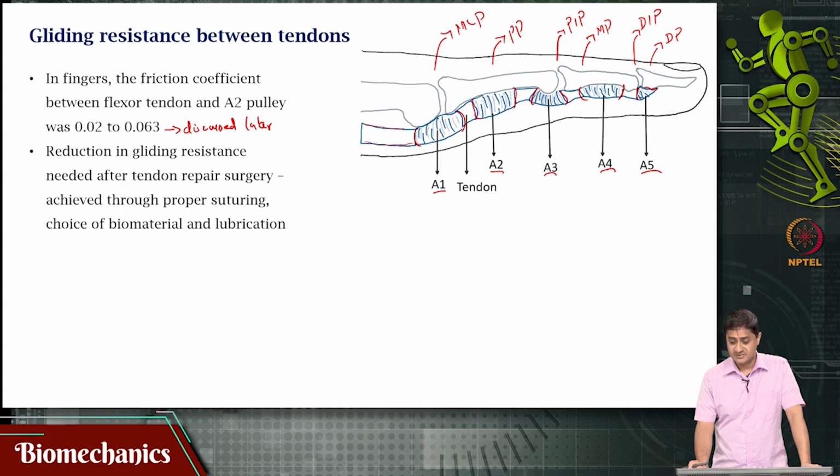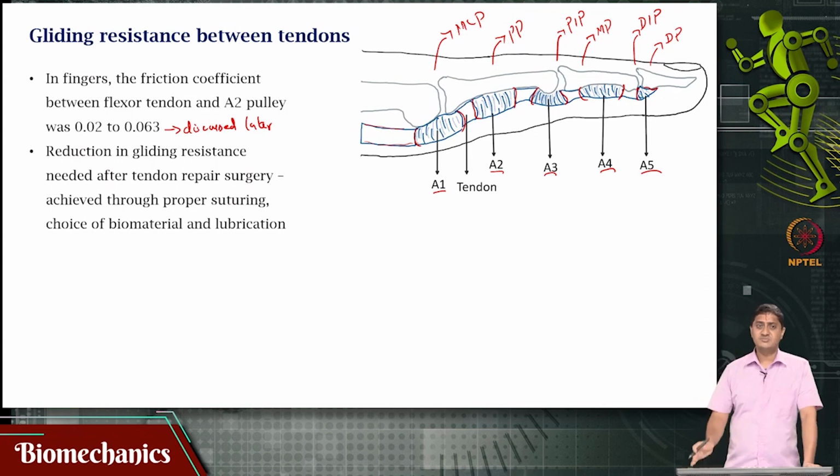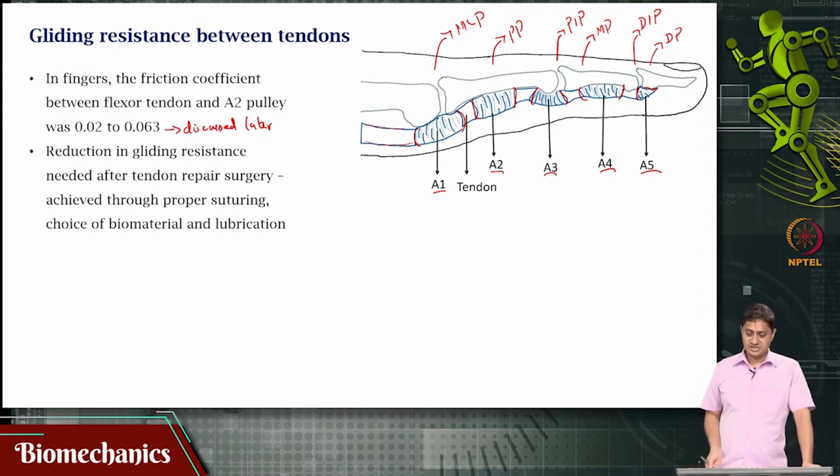You can check this with your understanding of anatomy that we discussed long time ago. In the beginning of the course, when we discussed hand and finger anatomy, we discussed this in much greater detail. Remember, DP is distal phalange, DIP is distal interphalangeal joint, PIP is proximal interphalangeal joint, MCP is metacarpophalangeal joint.